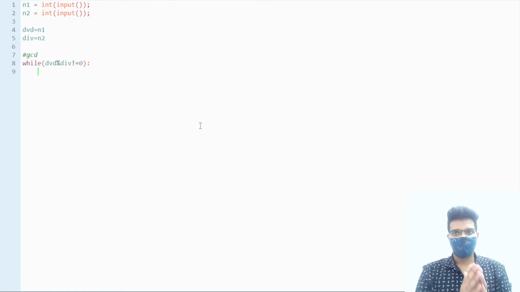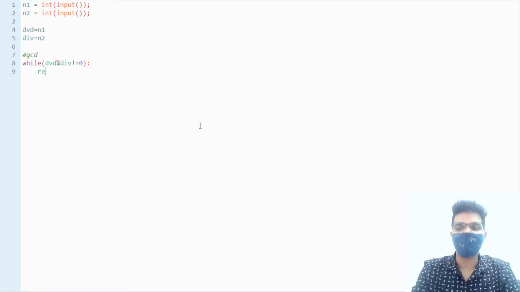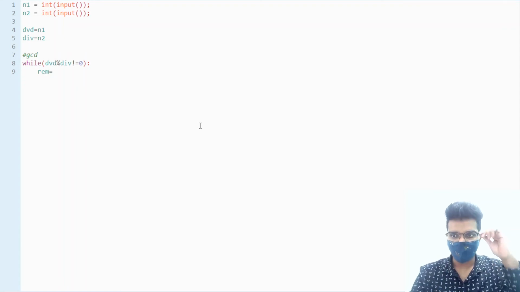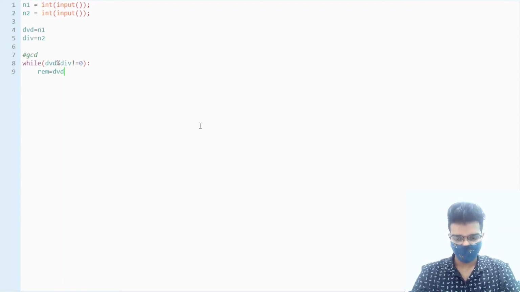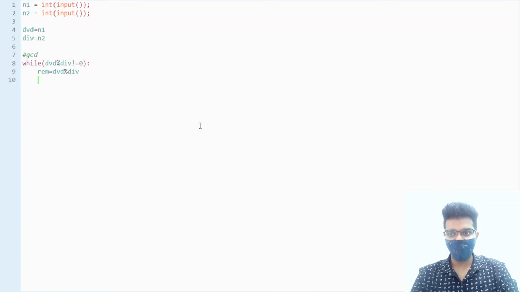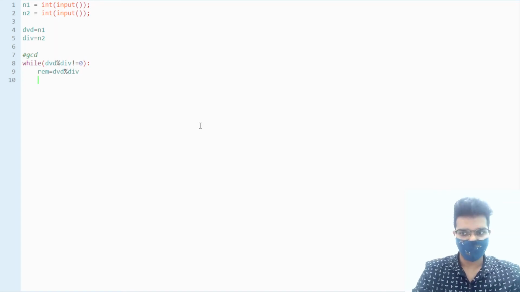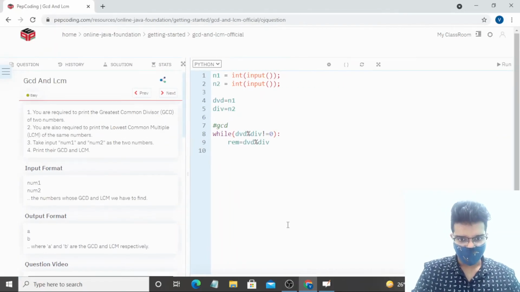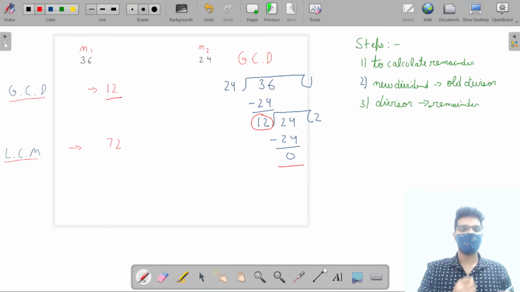Now, our first step. What was our first step? Try to recall it. It is simply to calculate our remainder. So our remainder will be dividend modulus divisor. Now the next step was to update the values of our dividend and our divisor.